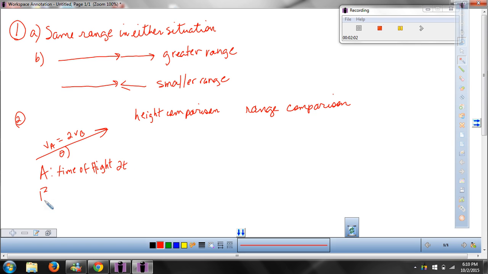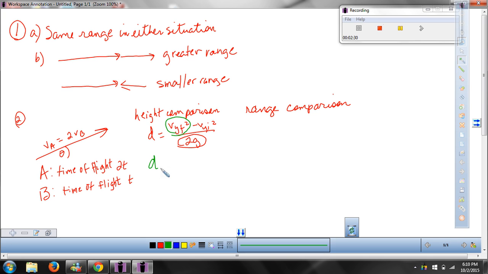And in situation B, because it's slower, the time of flight is just going to be t. So if I look at the height comparison, I'm going to say that d is equal to vyf squared minus vyi squared over 2g. Well, this is the same regardless of whether I'm A or B. This is going to be 0, so regardless of whether I'm A or B, it'll be the same.